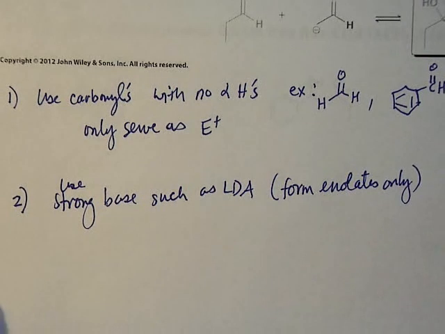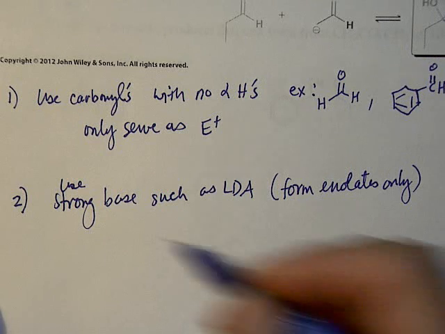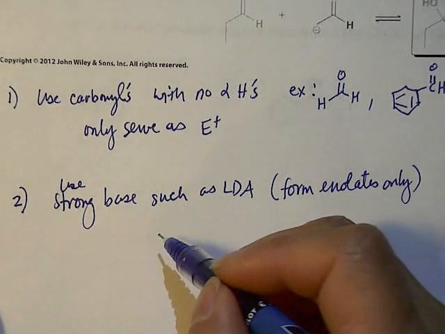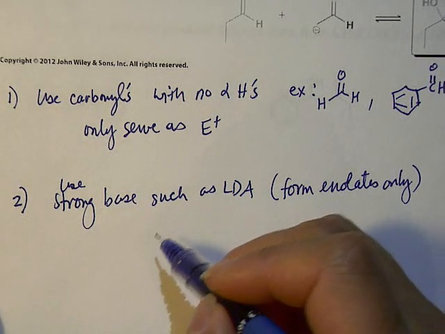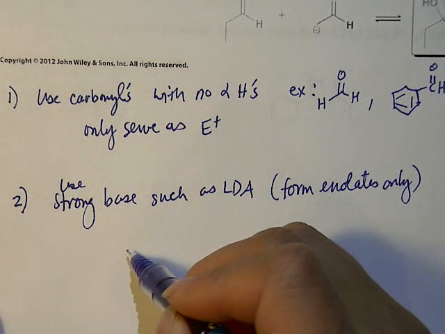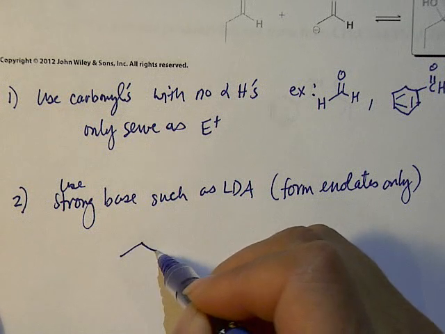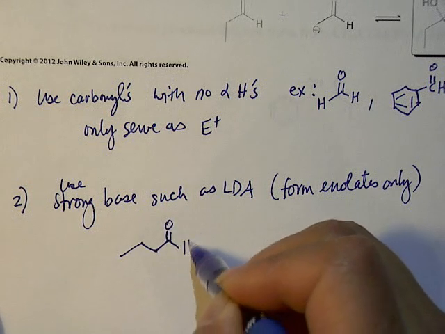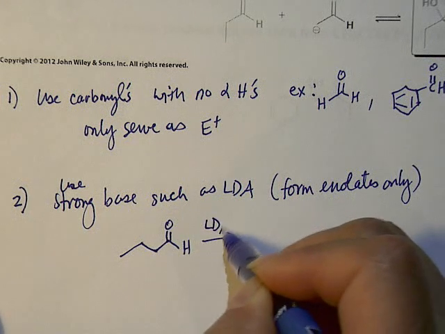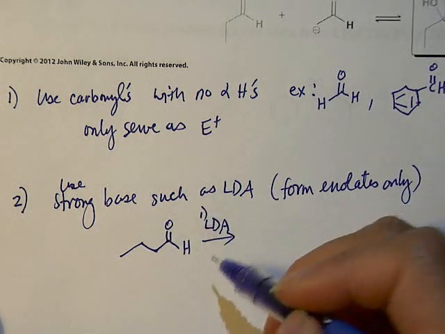So you don't have this problem of having a mixture of enolate along with unreacted carbonyl when you use a strong base. So you could take whatever carbonyl you want, and you would do this at a low temperature again.